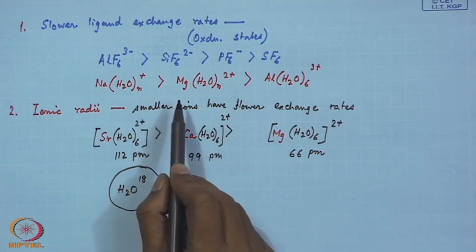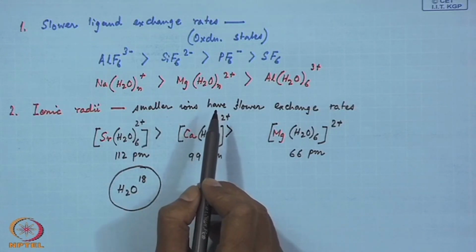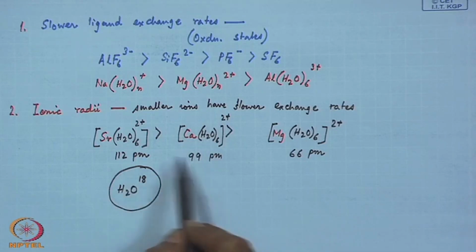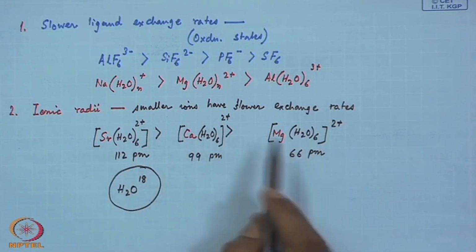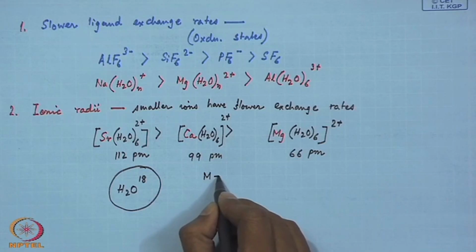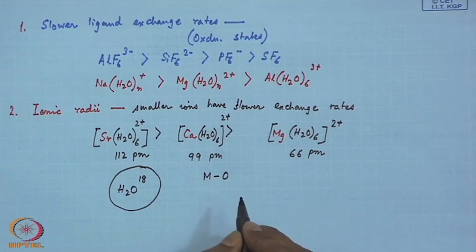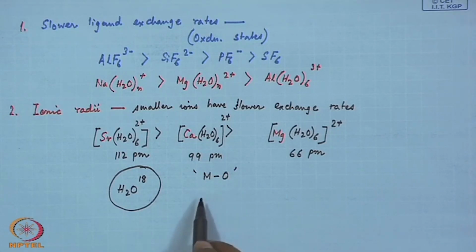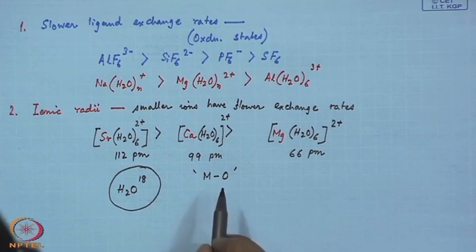So, it is typically dependent on the oxidation state, and on the strong metal oxygen bond, and the nature of the metal oxygen bond can predict the strength of these bonds and the corresponding rate of the reaction.